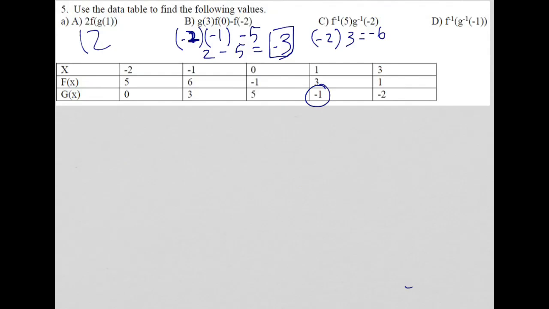Negative 1 happens right there at an x value of 1. So g inverse of negative 1 is 1. So now I need to find f inverse of 1. So find where f is equal to 1. F is equal to 1 when x is equal to 3. So f inverse of 1 equals 3.